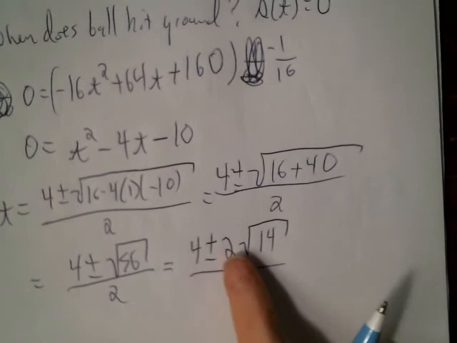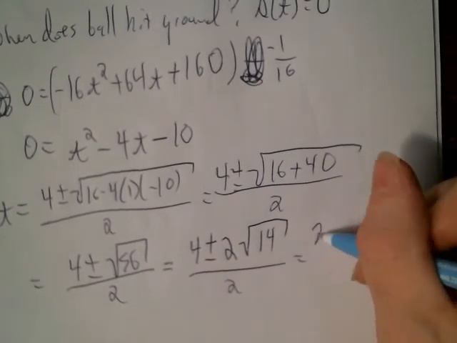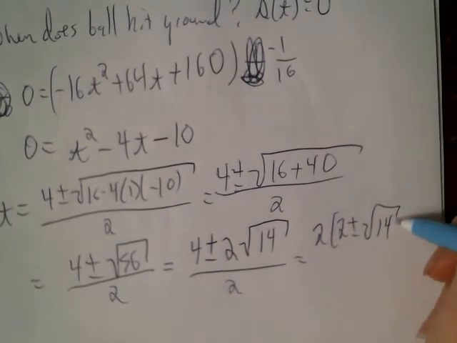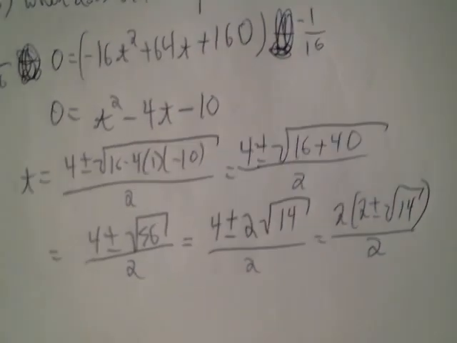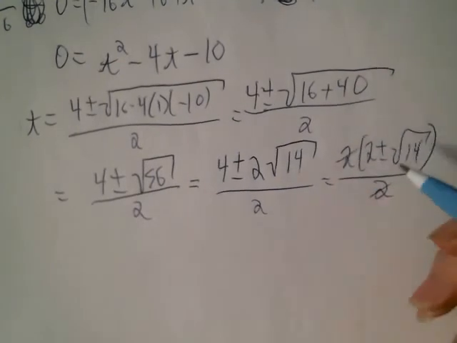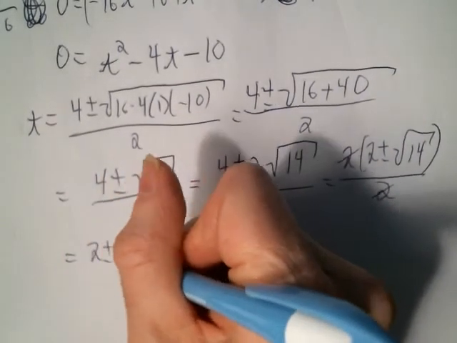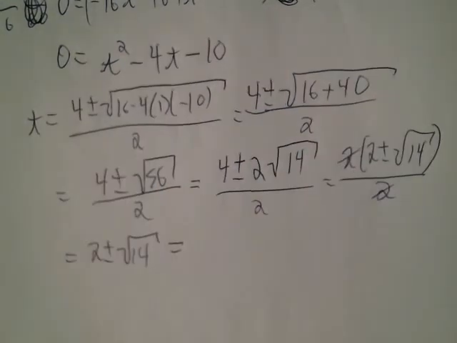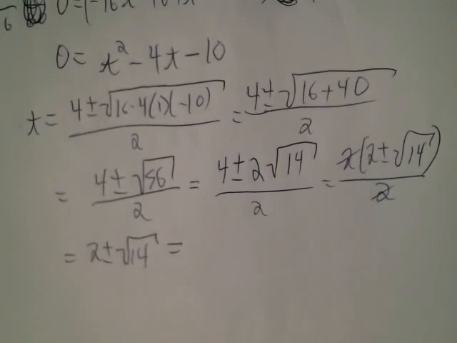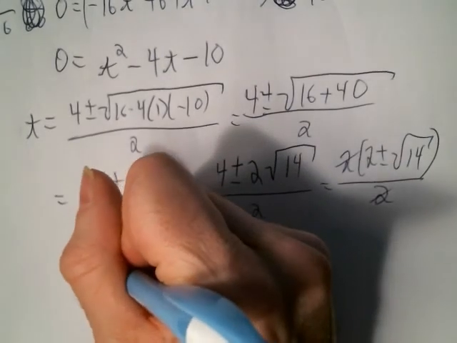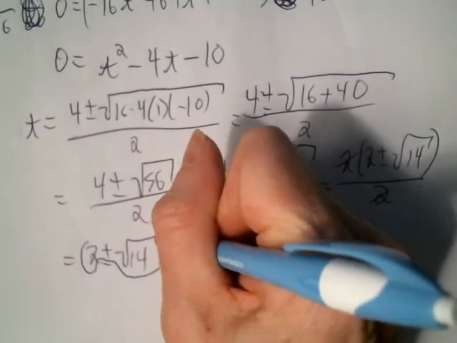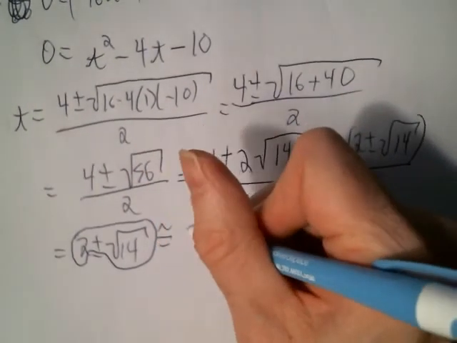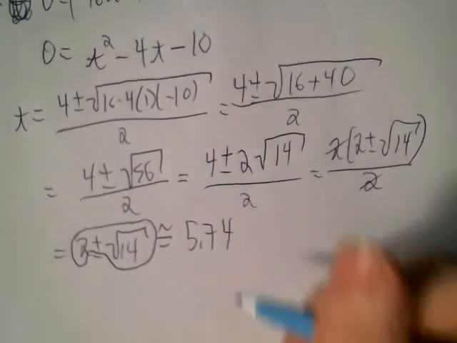Then we can factor a 2 out of this expression, and remove these 2's, and you get 2 plus or minus radical 14. Okay, there's going to be a positive answer and a negative answer. We want the positive one. Of course, we don't care about time that's negative. That wouldn't make any sense. So we'll get an approximation of about 5.74.